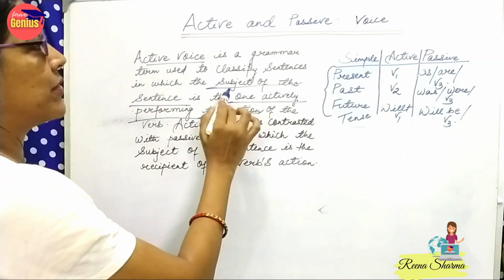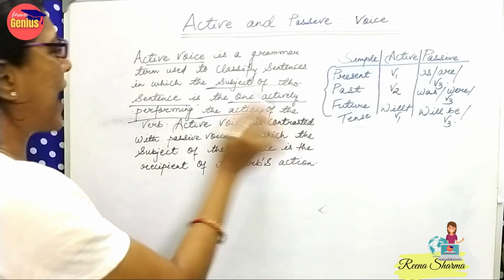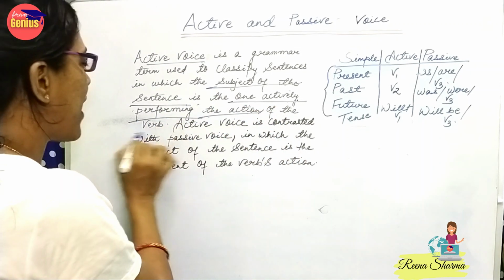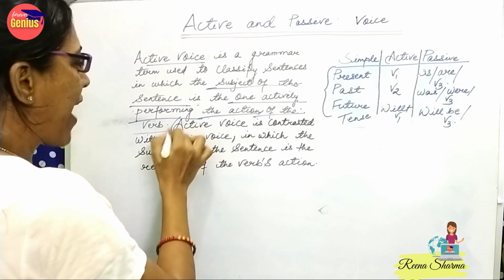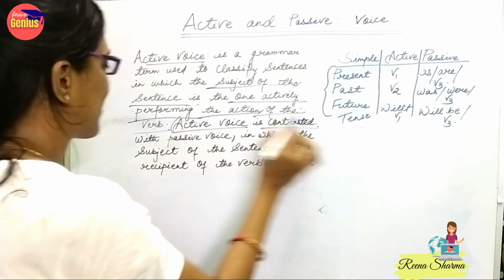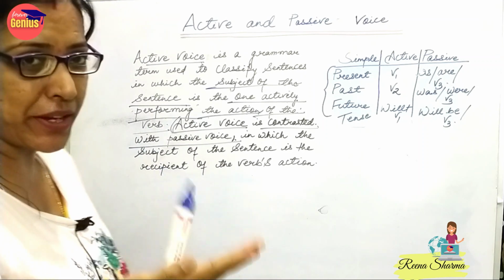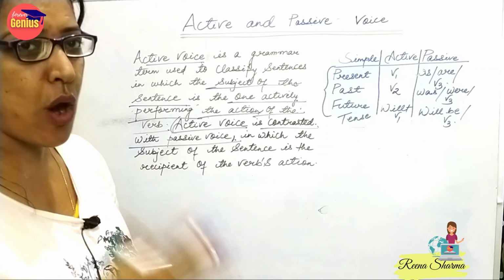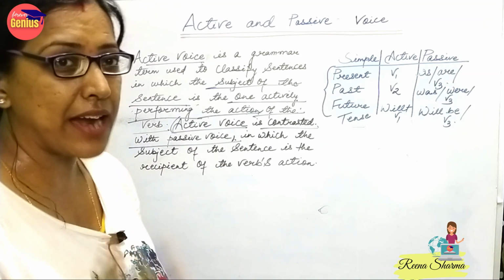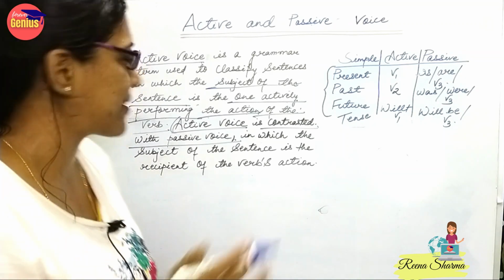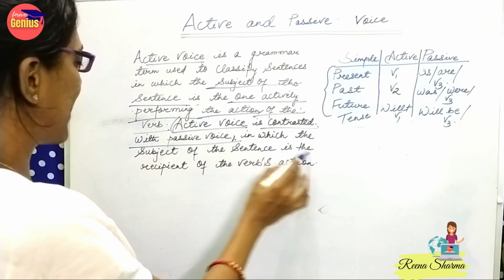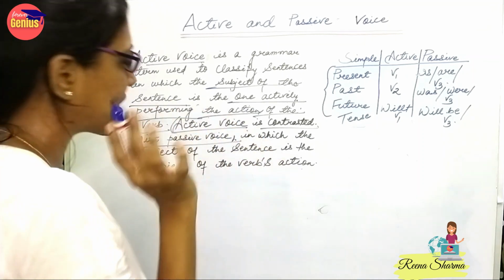So, subject of the sentence is the one actively performing the action of the verb. So now active voice is contrasted with passive voice. Why contrasted? Because here the object and the subject are interchanging its places, in which the subject of the sentence is the recipient of the verb's action.